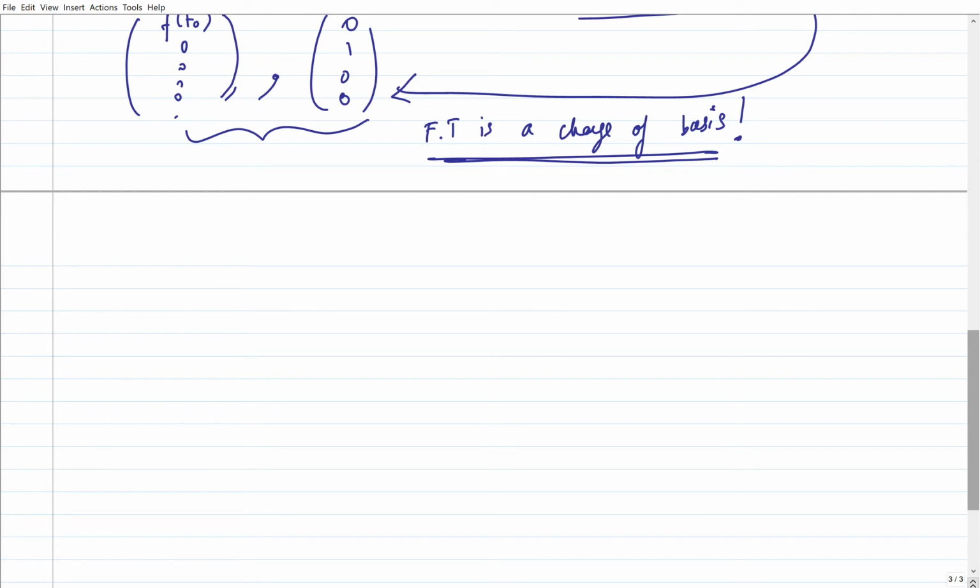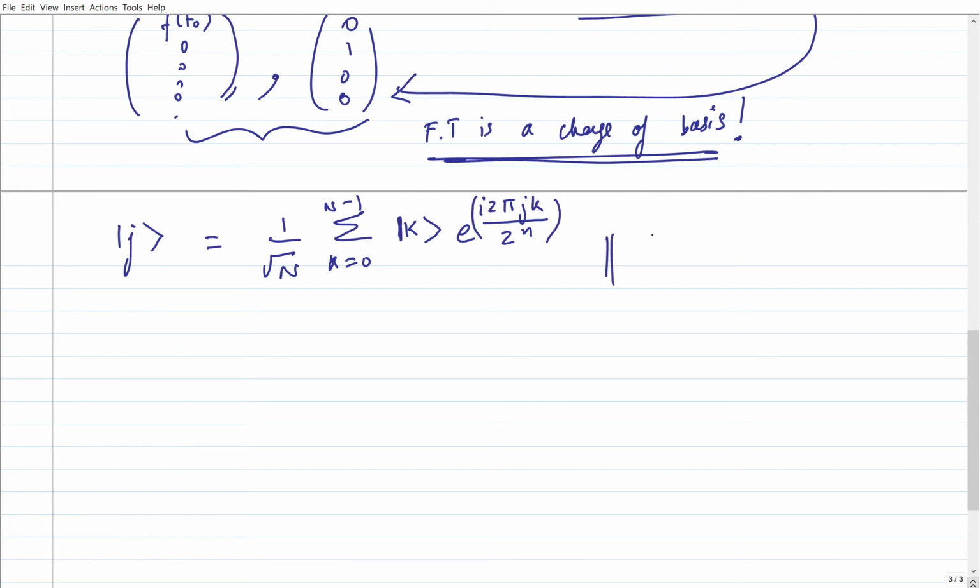How do these things translate quantum mechanically? Well, quantum mechanically, I have a set of bases, and my change of basis can be just written, in the language of Fourier transform, as the basis vector times, just a change of basis.